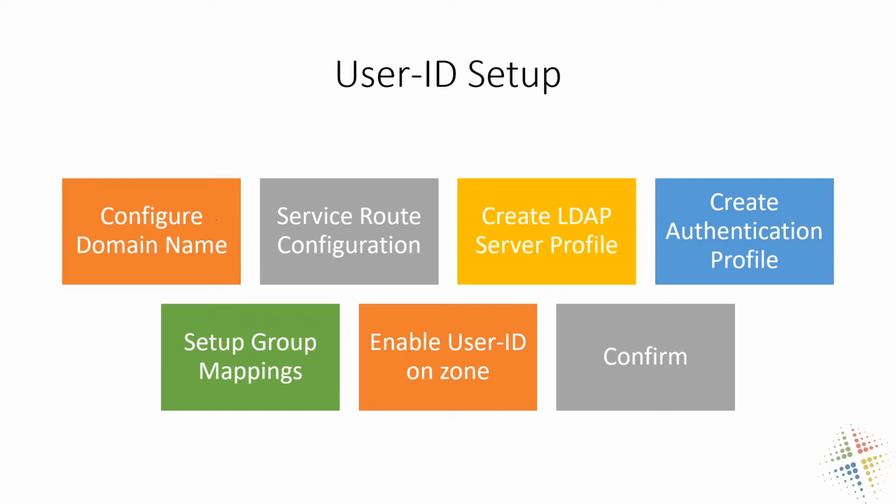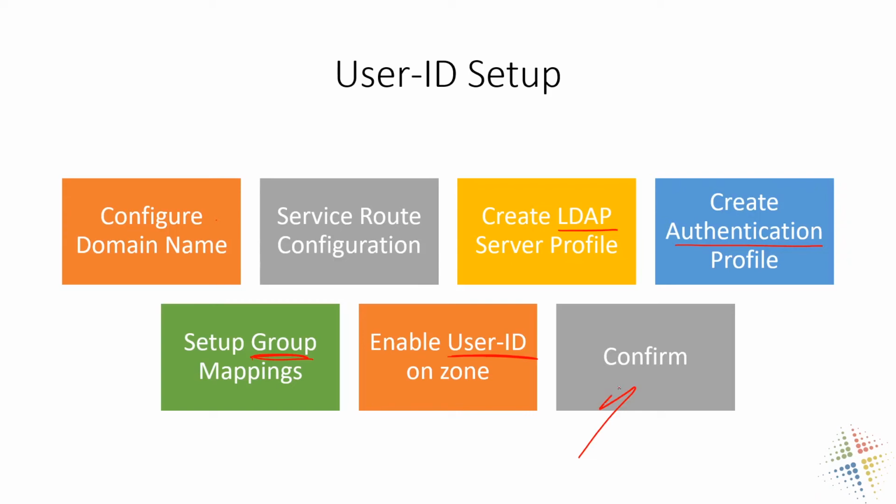We created an LDAP server profile so that we can then talk to our domain controller. We gave it the right IP address and configured it appropriately. Created the authentication profile along with the WMI and polling, and then specified groups that we want to map. Finally, we went into our private zone and enabled user ID.